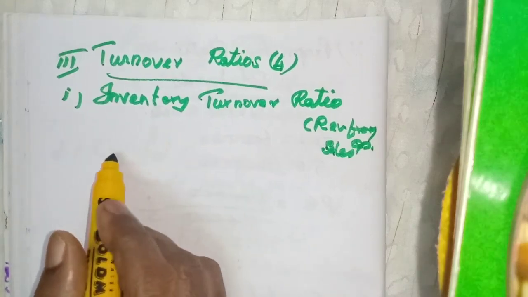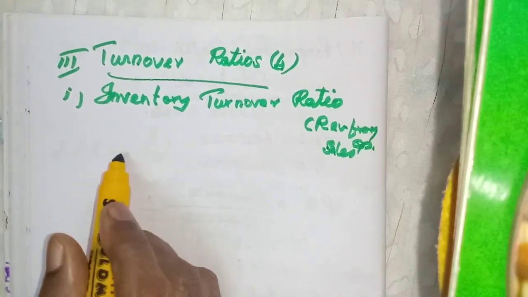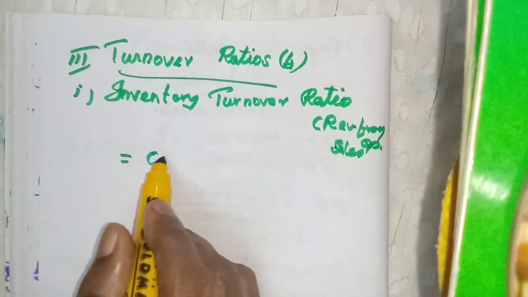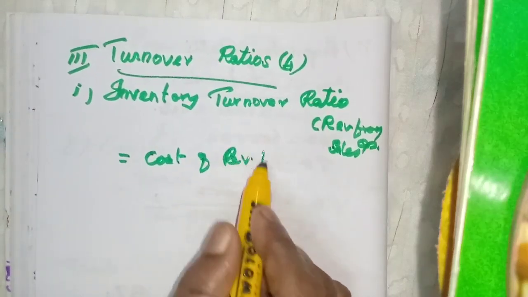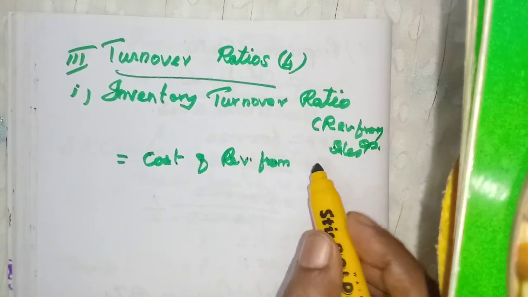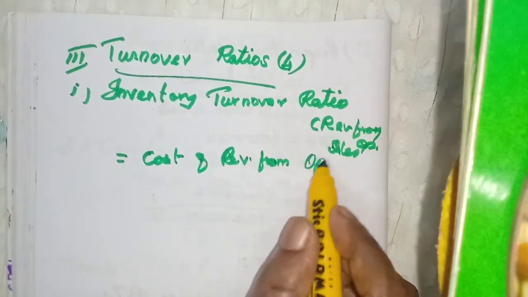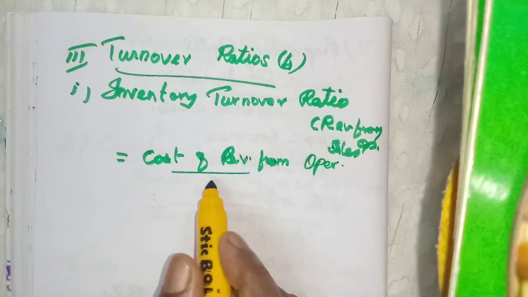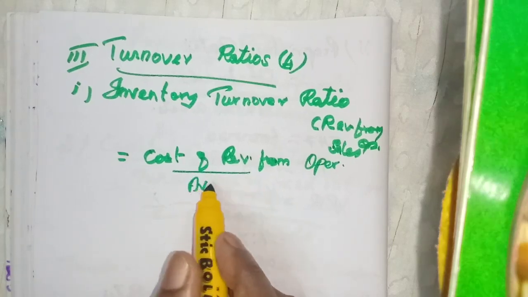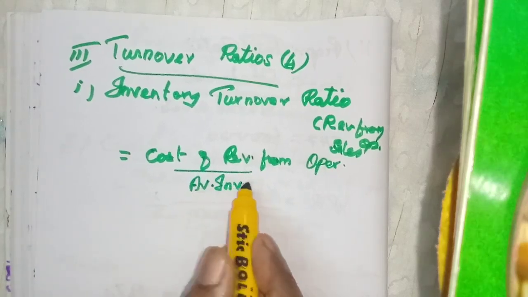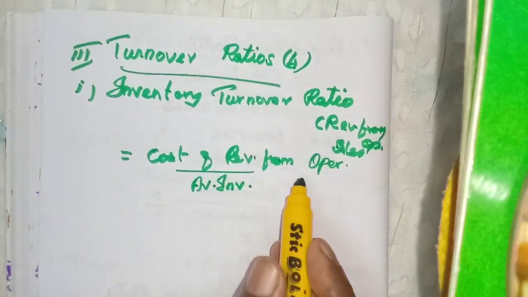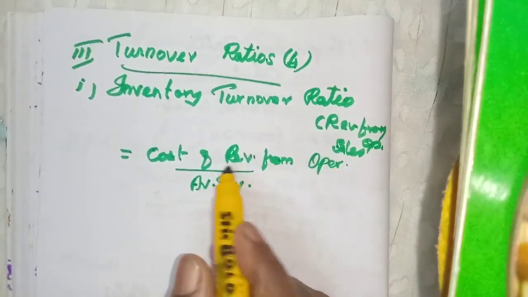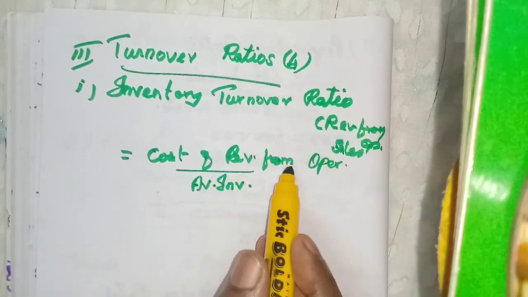The formula is inventory turnover ratio is equal to cost of revenue from operation divided by average inventory. Here, cost of revenue from operation, I think it is nothing but cost of goods sold.